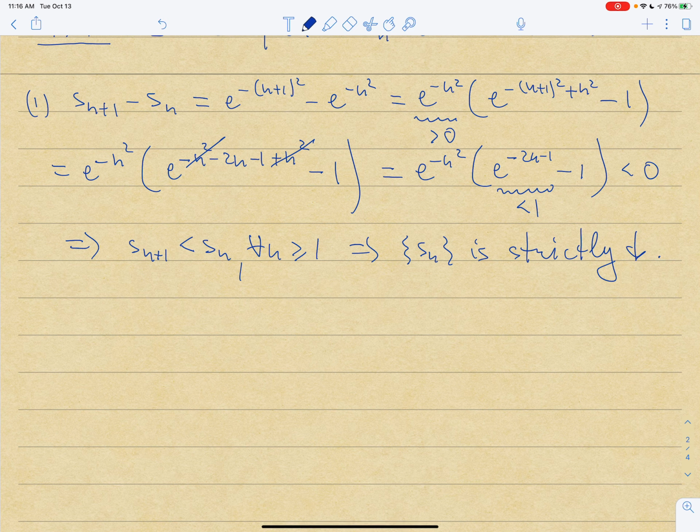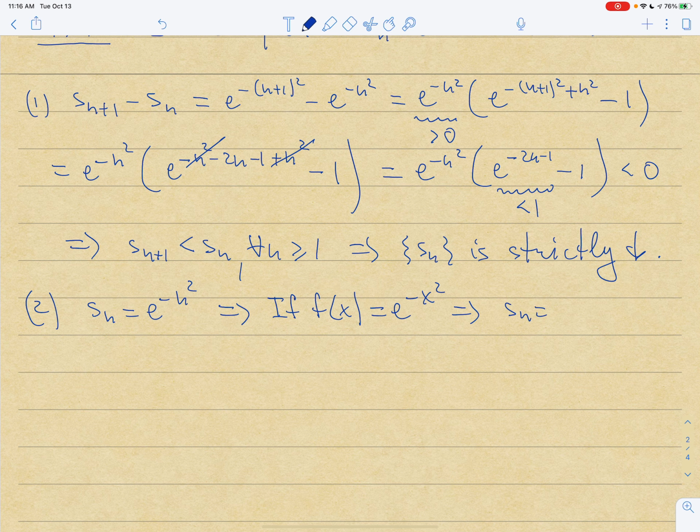Another possible way to prove the same thing is to do the following. So we have Sn equal to e to the minus n squared. Therefore, if I have a function f of x equal to e to the power minus x squared, it follows that my Sn is equal to f of n.